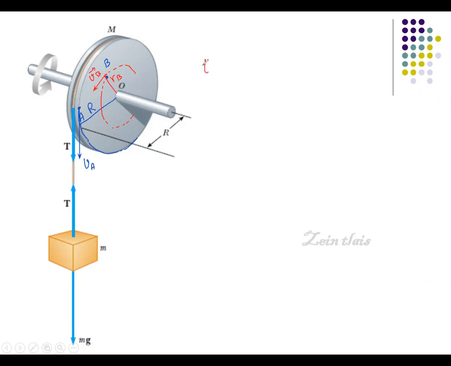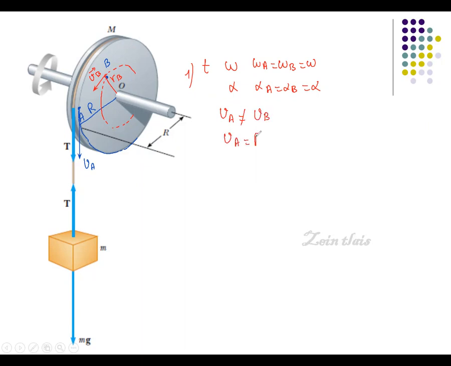At time t, we have omega and we have alpha. Here we can say omega A equals omega B equals omega, and alpha A equals alpha B equals alpha. This is the first point. The second point: VA is not equal to VB. Why?